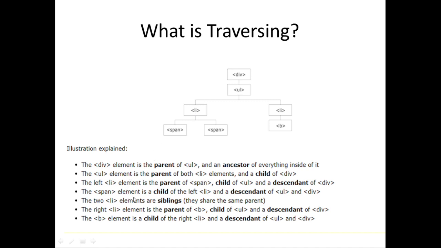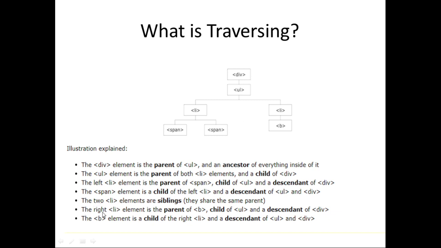The span element is a child of the left LI and a descendant of UL, and also a descendant of div. The two LI elements are siblings because they have the same parent.